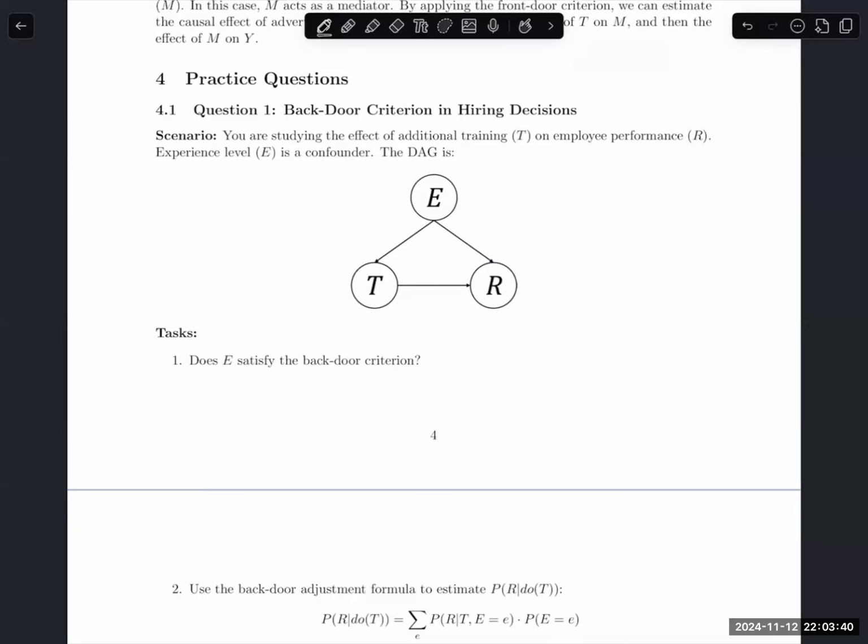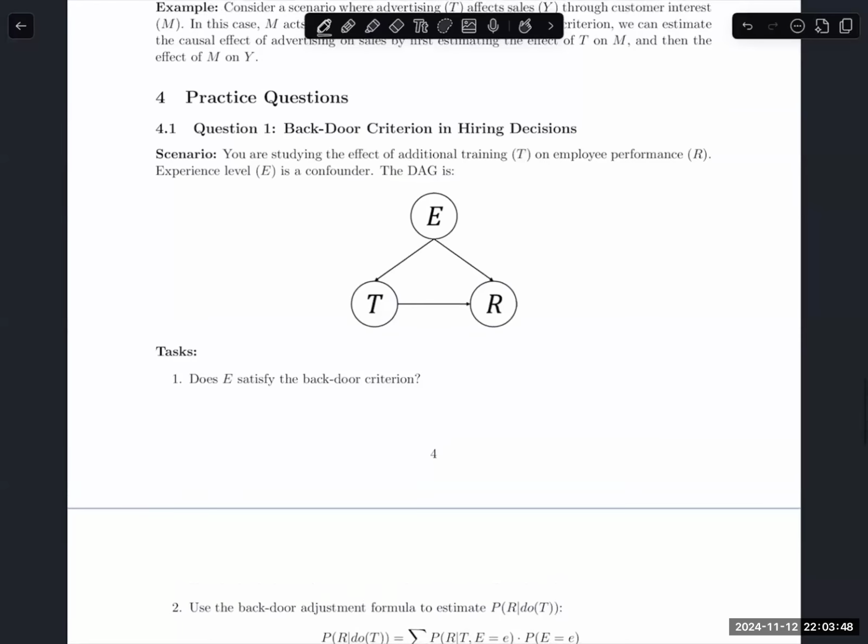However, the experience level is a confounder that affects both training and performance. So the DAG is represented as the following. In this DAG, E affects both the training and the performance, which indicates the experience level plays a role in determining whether employees receive the training and how they perform.